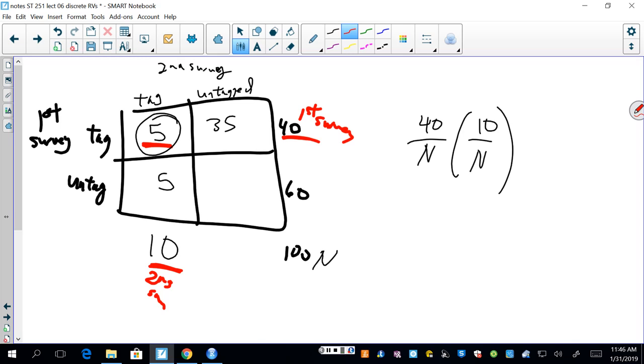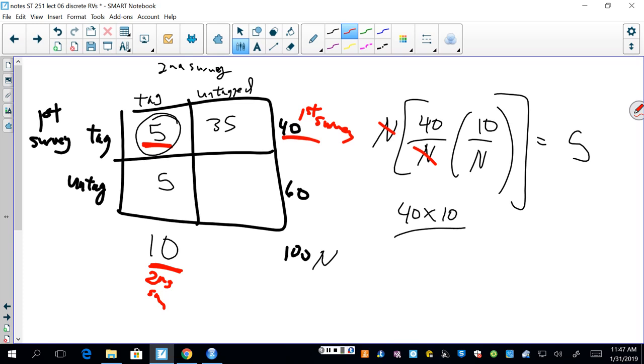How many would you expect to be captured? N times that probability, and that ends up being 5. So you cancel one of the N's and solve for it. 40 times 10 over 5 equals N. So an estimate here would be 400 over 5, which is 80. So you get a prediction of what it is.